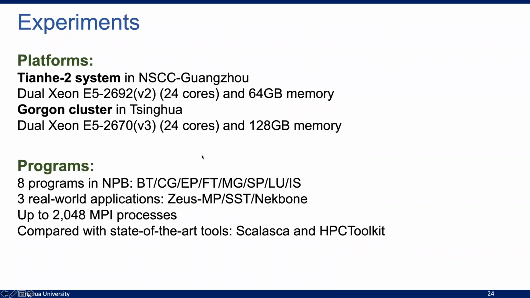We evaluate our tool with 8 programs in the NPB benchmark and 3 real-world applications. The largest scale is up to 2,000 processes. We also compare our tool with state-of-the-art tools, ScalAna and HPCToolkit.